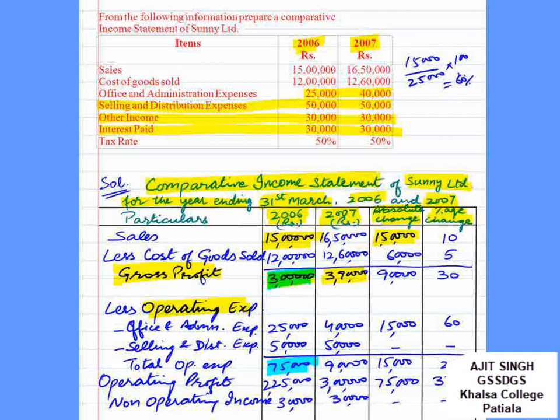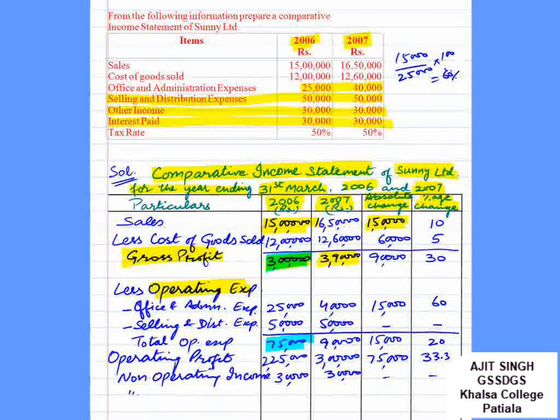No change is there. And non-operating expense, that is interest, it is there of rupees 30,000 for each year. Again, no change is there. By adding non-operating income and by deducting non-operating expenses, we shall get net profit.